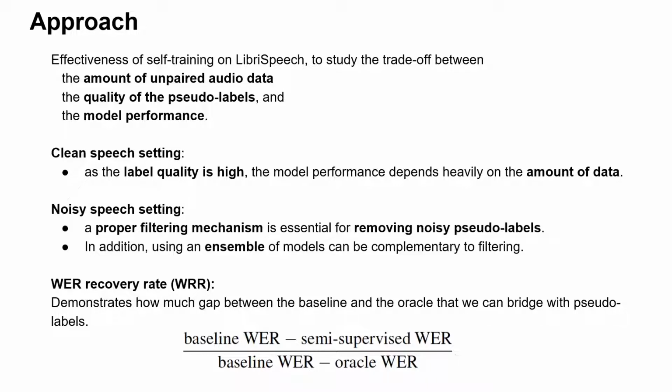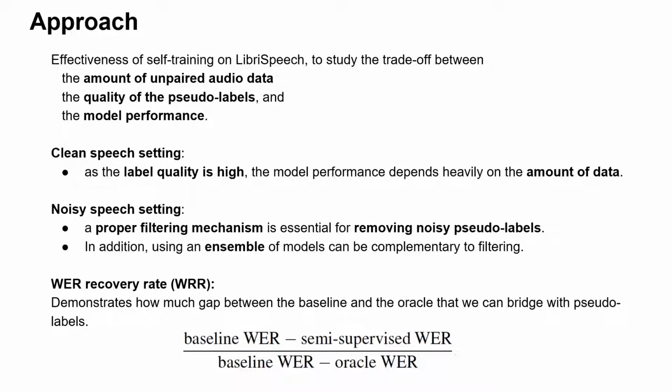In the noisy speech setting, it is necessary to have a proper filtering mechanism, and we want to identify when the ensemble in the noisy speech setting is actually very effective.